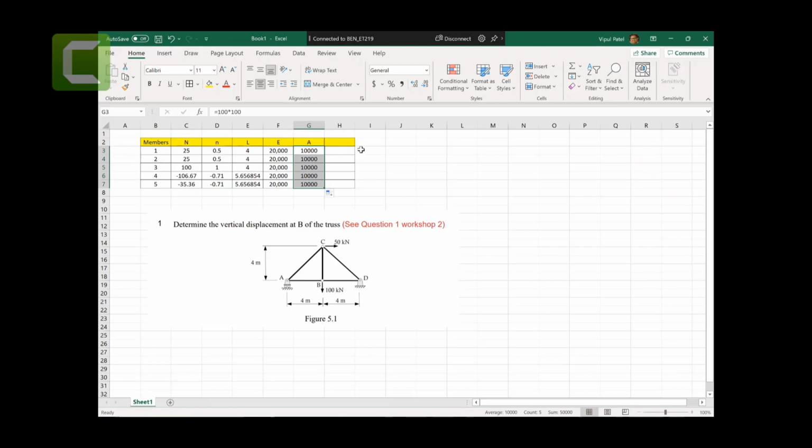So far so good. And in the final column, let's say N, capital N, L over EA. So this times this divided by E times this G3.